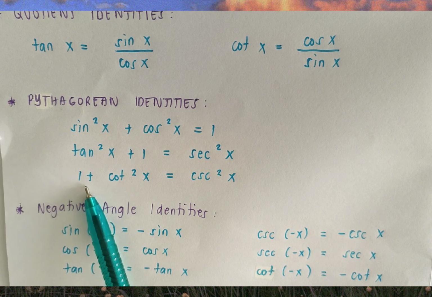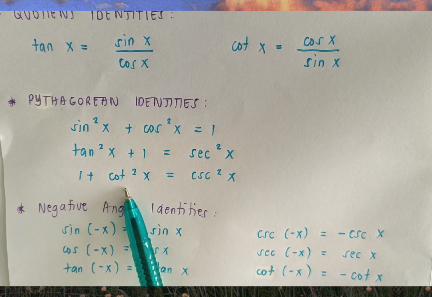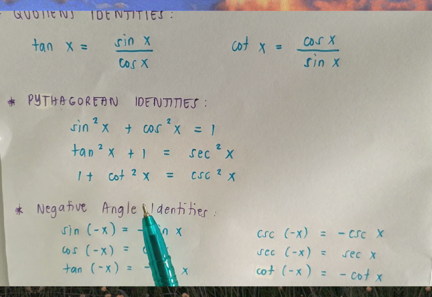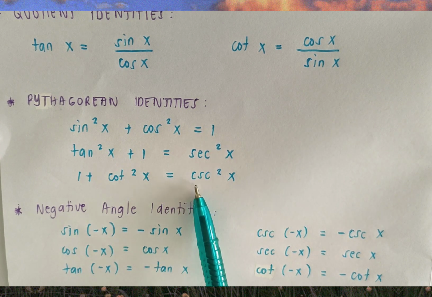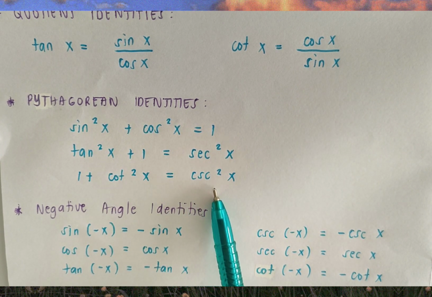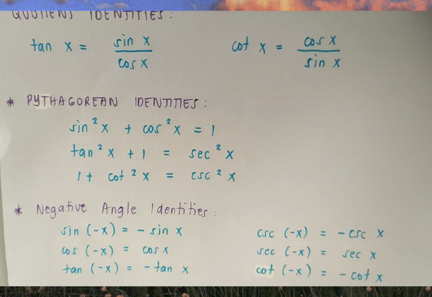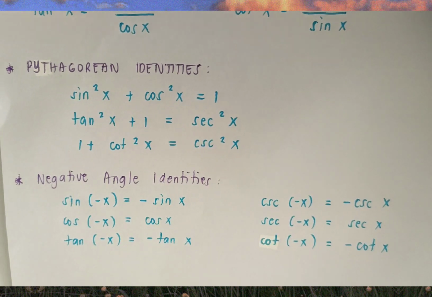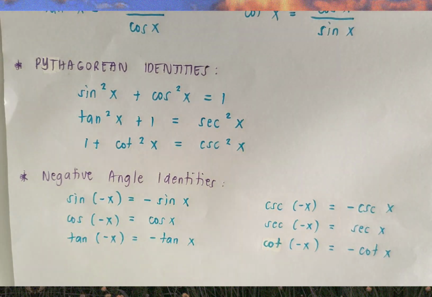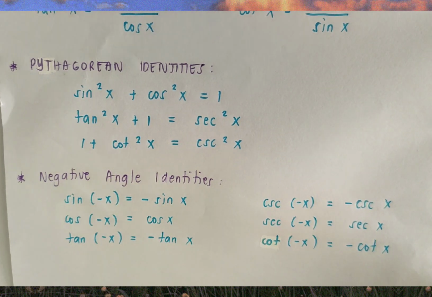Third, 1 plus cotangent squared x is equivalent to cosecant squared x. Remember those points.